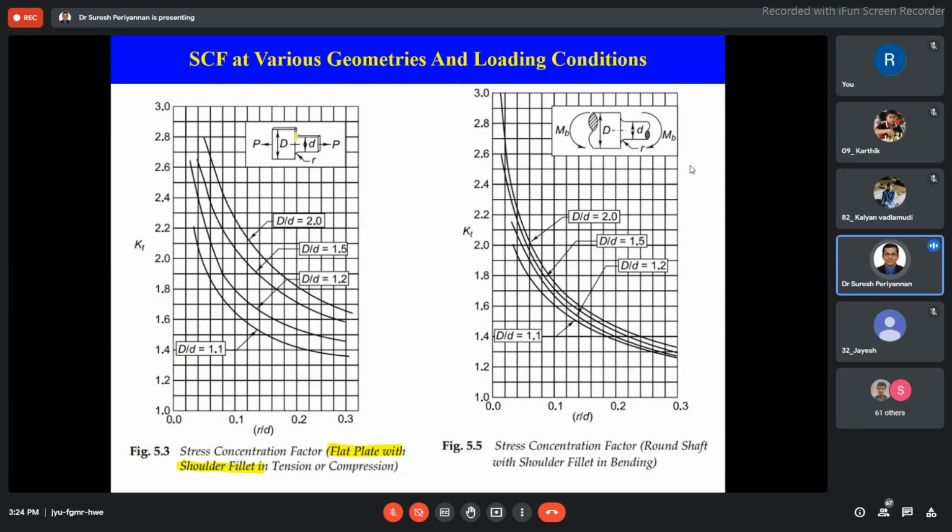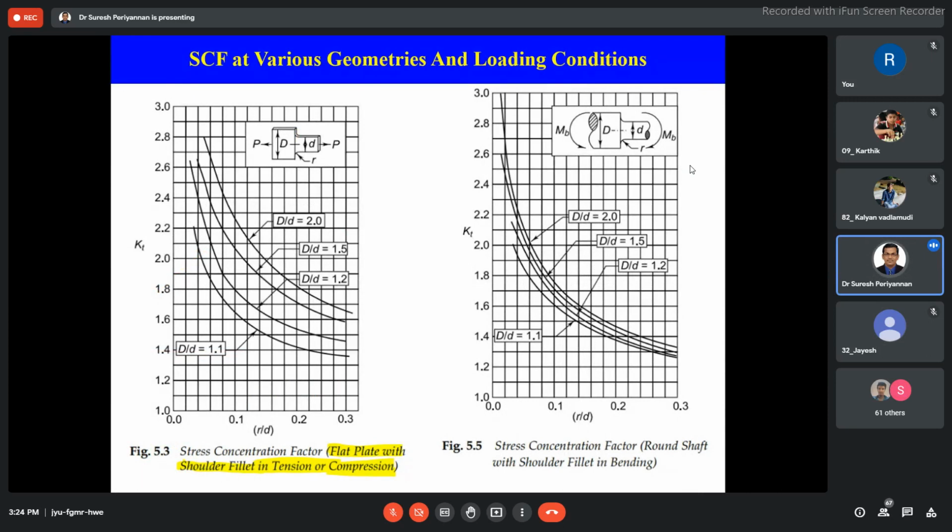Here the shoulder fillet with flat plate is subjected to tension and compression. Using this graph, we are able to find our stress concentration factor.